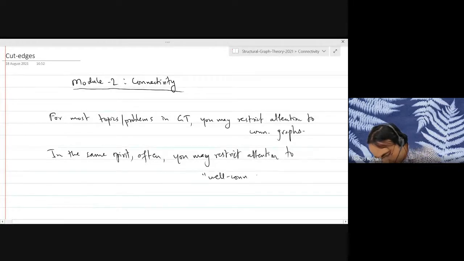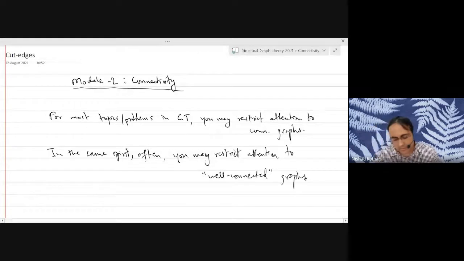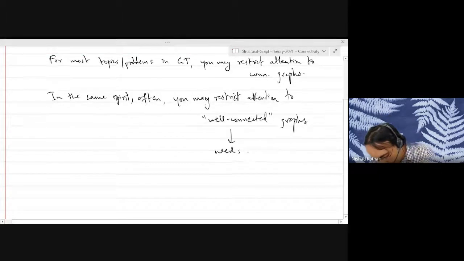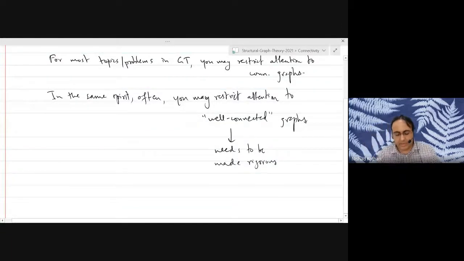What do I mean by well-connected? Well, it depends on the context, but we will need some terminology to make this rigorous, right? So this concept needs to be made rigorous.